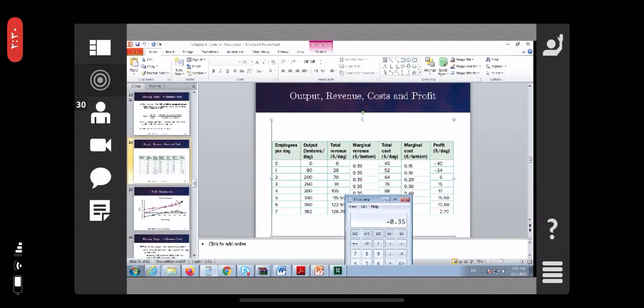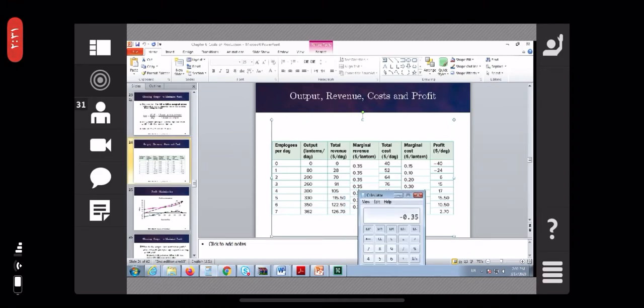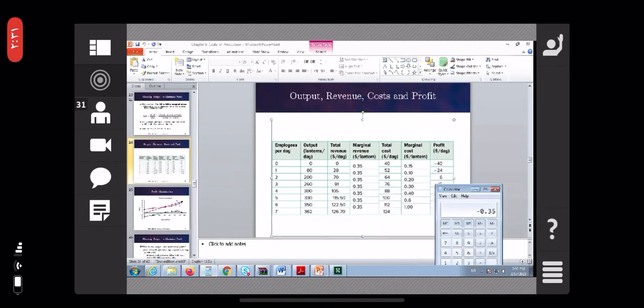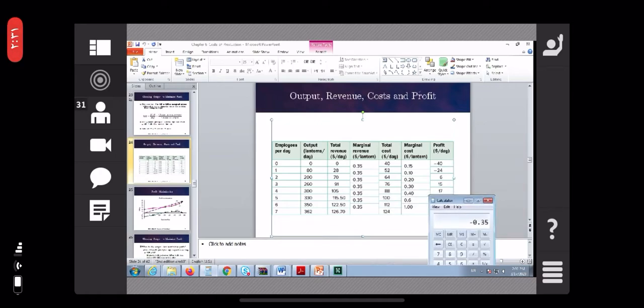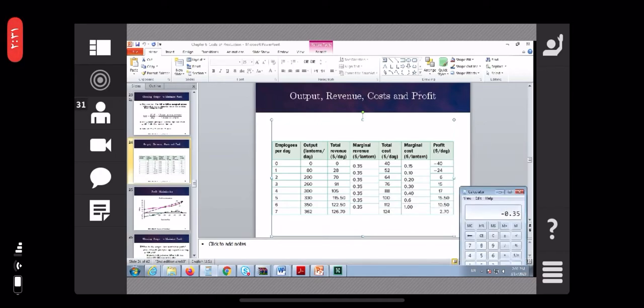The difference between marginal revenue and marginal cost is the difference between 30 and 35. Still, the marginal revenue is larger. What happened in the profit column? Look, in here I find 17 is the highest profit that I make.